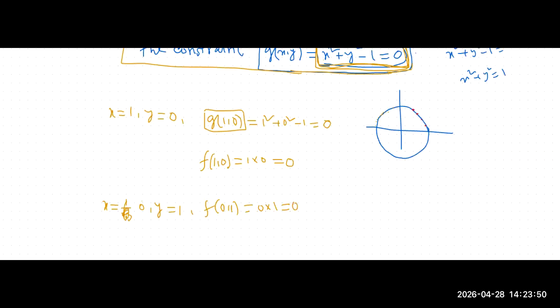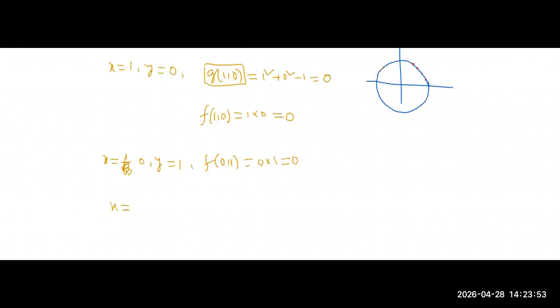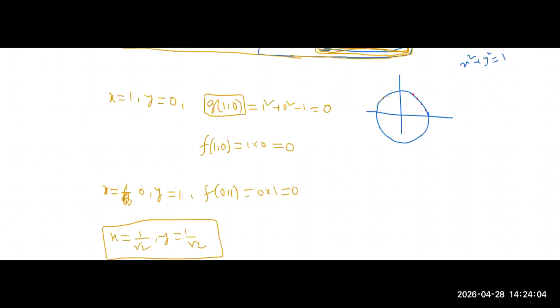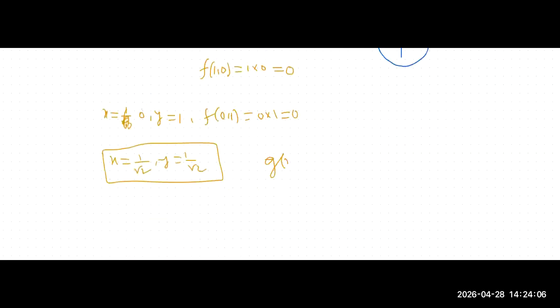So if we take x equal to 1 by root 2, y equal to 1 by root 2, does this point lie on our restriction or constraint? Since g of x comma y is x square plus y square minus 1 equal to 0, put x equal to 1 over root 2, y equal to 1 over root 2 in this constraint. So g of 1 by root 2 comma 1 by root 2 equals 1 by root 2 square, which is half, plus 1 by root 2 square, which is half, minus 1, which is 0.